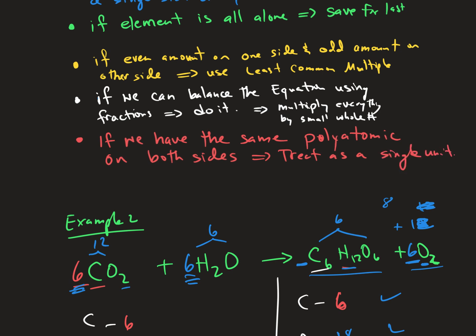So we have sulfate on both sides, we could just count how many sulfates we have rather than all the S's and all the O's. Saves a lot of time. So again, if we have the same polyatomic on both sides of the equation, then treat the polyatomic as a single unit. Does that make sense in your mind? If it doesn't, we'll do an example. Can I move on? Or not yet? Good? All right.